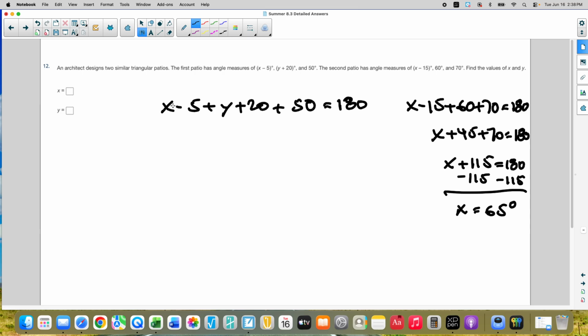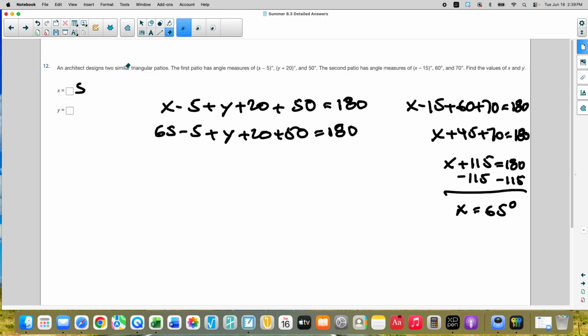So we can substitute that in there. 65 for x, minus 5 plus y, plus 20 plus 50 equals 180. So x equals, well, 65 degrees. We know that one. And that'll make 60 plus y plus 70 equals 180.